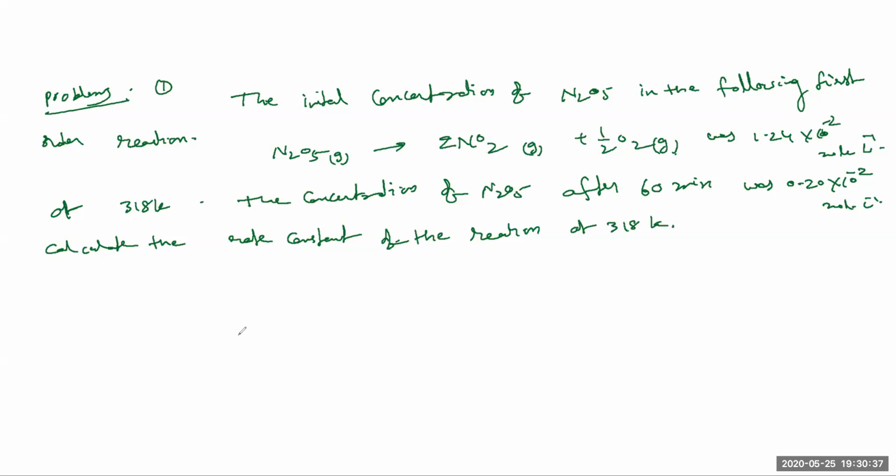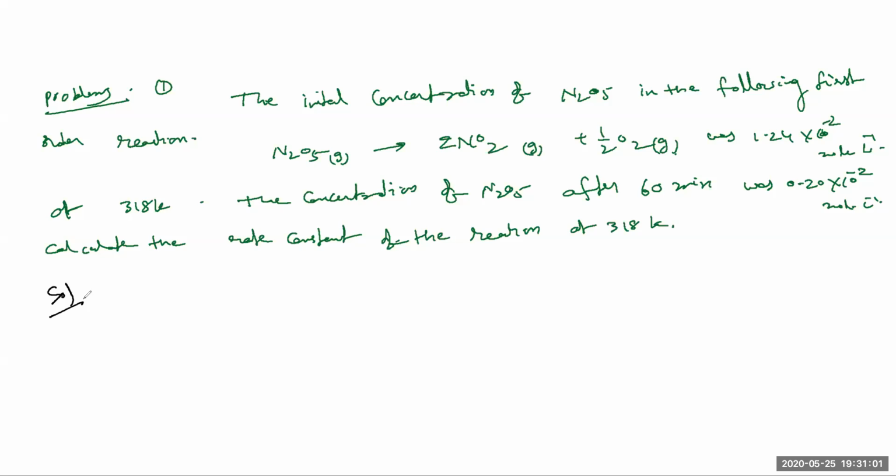So see the solution. Read that question now. It is a first order reaction. The initial concentration of N2O5 is given at 318 Kelvin. The concentration of N2O5 after 60 minutes, that is A minus x, is also given.